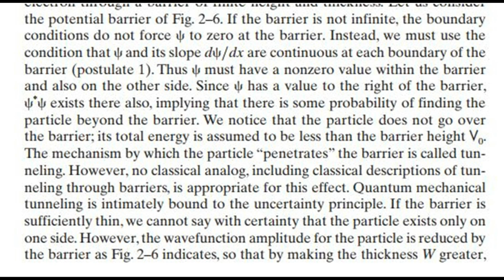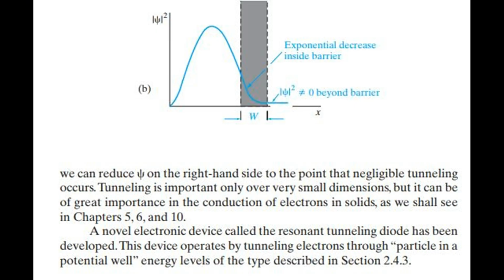If the barrier is sufficiently thin, we cannot say with certainty that the particle exists only on one side. However, the wave function amplitude for the particle is reduced by the barrier, as Fig 2.6 indicates, so that by making the thickness W greater, we can reduce ψ on the right-hand side to the point that negligible tunneling occurs.